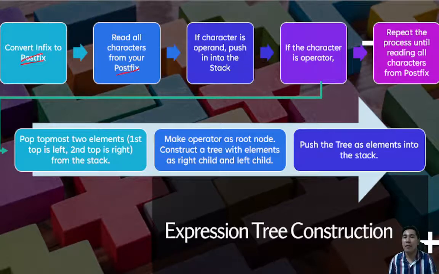If the character is an operator, then you will pop the topmost two elements of that stack. The first top is the left, the second top is the right. Then make the operator the root node, construct a tree with the elements as right child and left child, and push it back to the stack as an element.